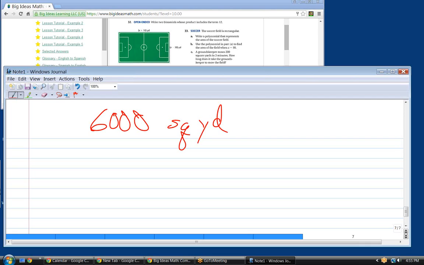Well, if it is 6,000 square yards, you would divide 6,000 by 200, and then multiply that by 3.